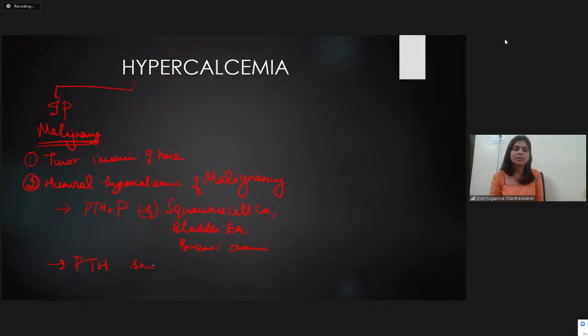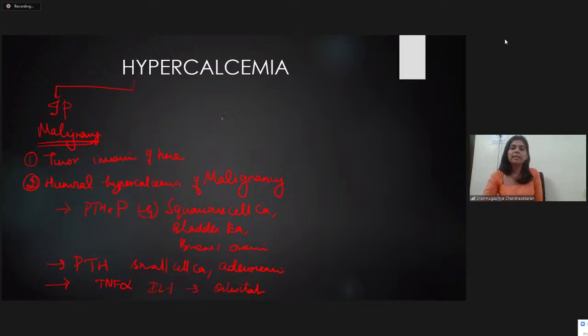Example is small cell carcinomas. Vasundhara Devi has mentioned small cell carcinoma or adenocarcinoma of lung. They release parathormone. Sometimes hematological malignancies release cytokines like tumor necrosis factor alpha and interleukin 1, and these stimulate osteoclasts, and that causes bone resorption, increasing calcium.